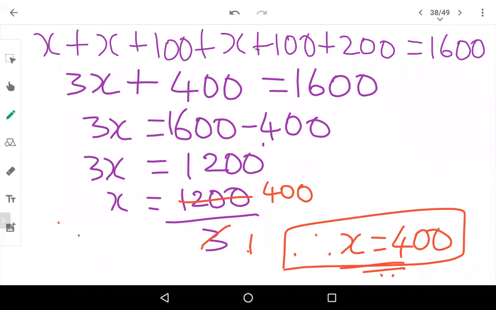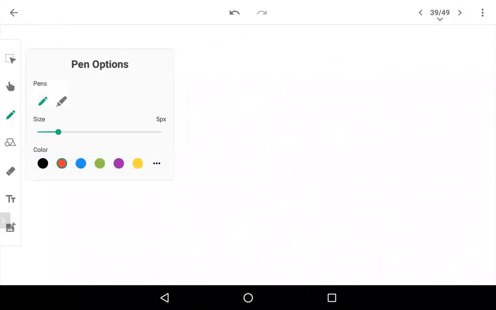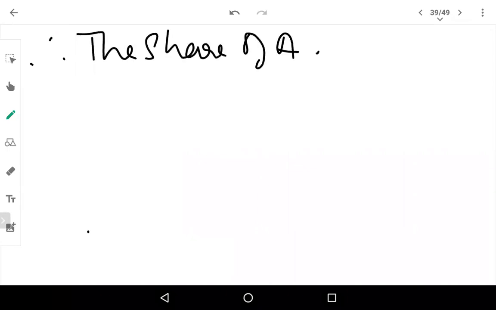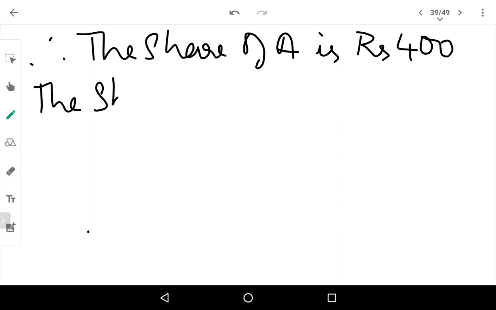Okay, now let us write the conclusion. Therefore, the share of A is rupees 400. Okay, the share of B is how much?